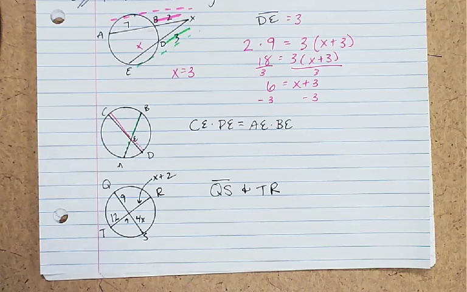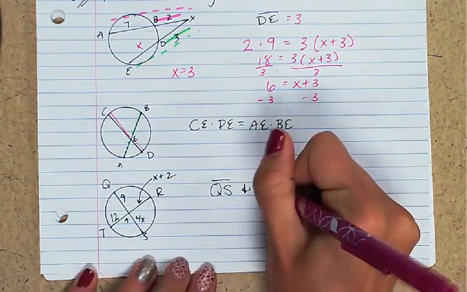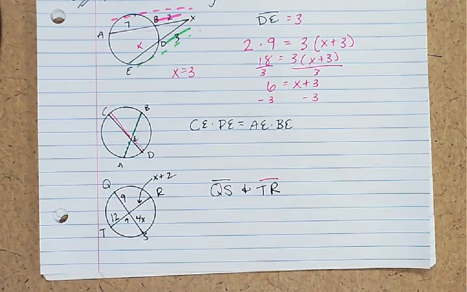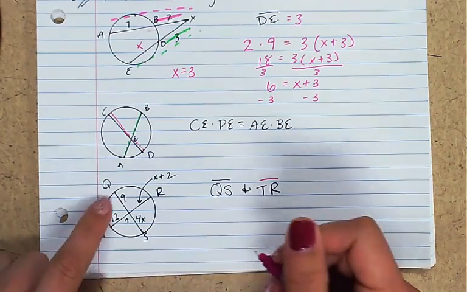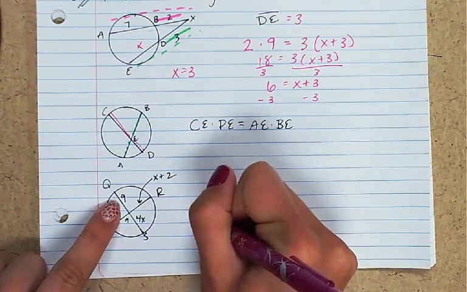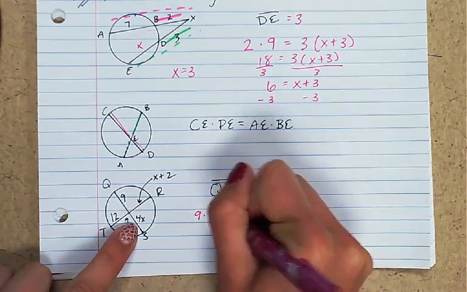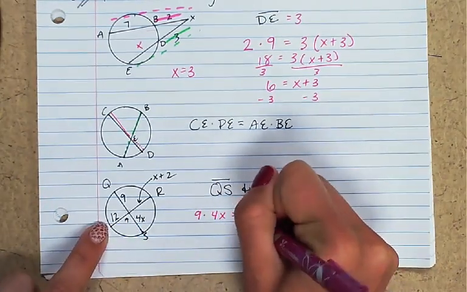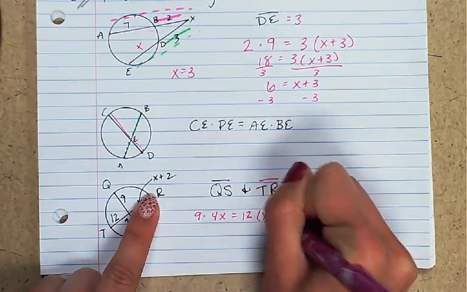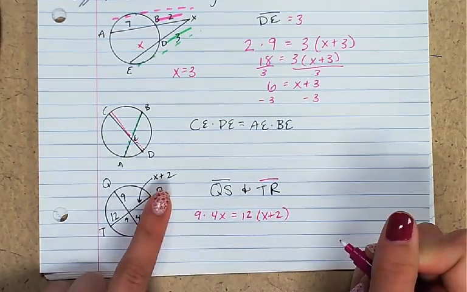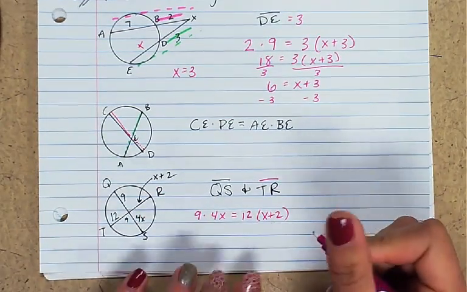On this one, it says we need to find the length of segment QS and segment TR. Our vertex is on the inside, so I'm going to do this part times its other part has to equal this part times its other part. Make sure you have two terms there, you're putting it in parentheses.